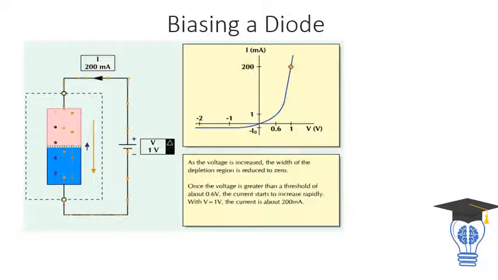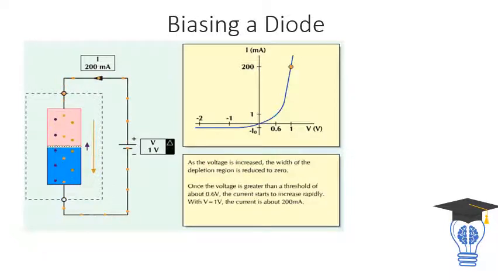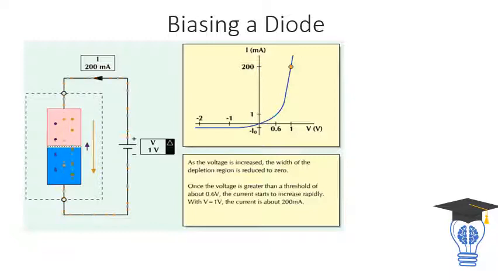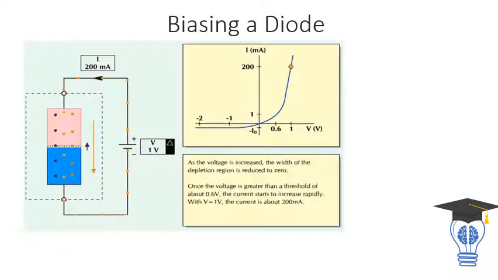The diagram shows the biasing of a diode. Biasing is adding an external voltage to the diode. Here the diode is connected in forward bias, where the positive terminal is connected to the P junction or anode of the diode, and the negative terminal is connected to the cathode, and I am varying the voltage from 0 to 0.6 volts.